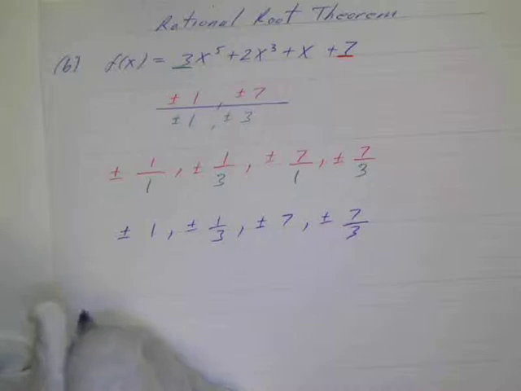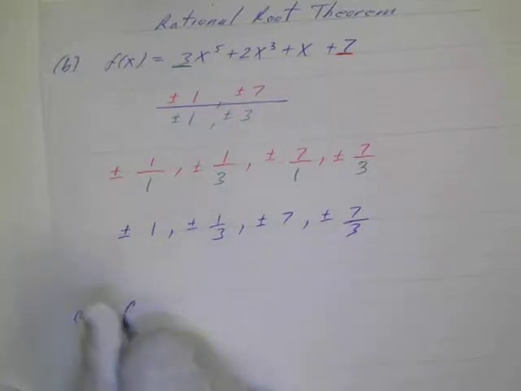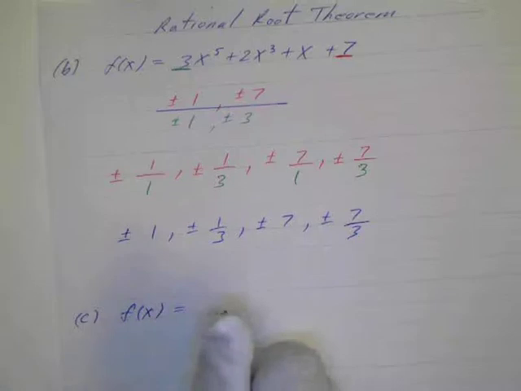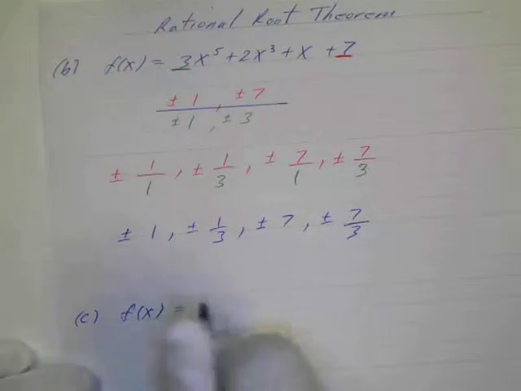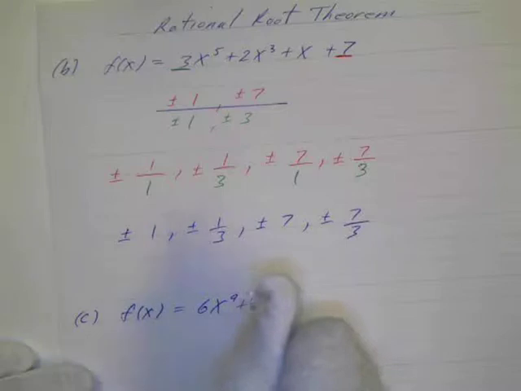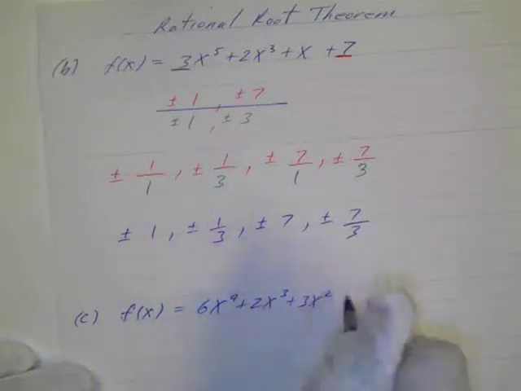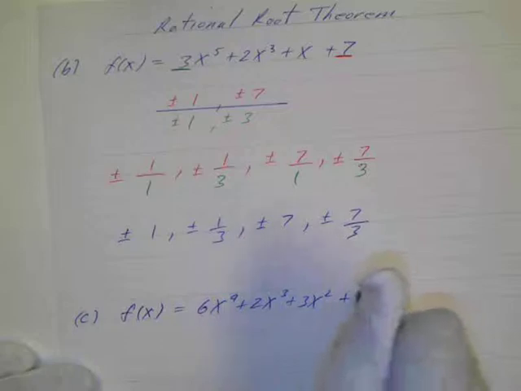Here's example C. And this is f of x equals 6x to the 9th plus 2x to the 3rd plus 3x squared plus 2.